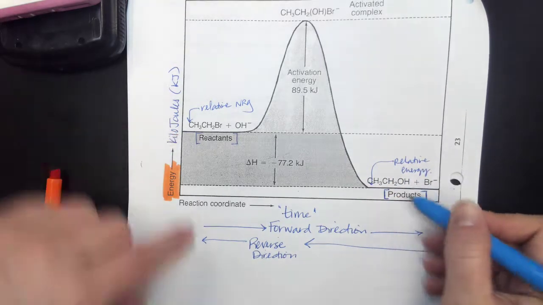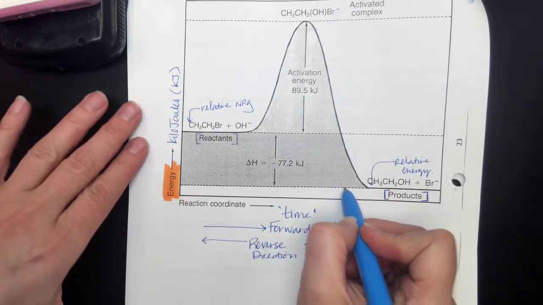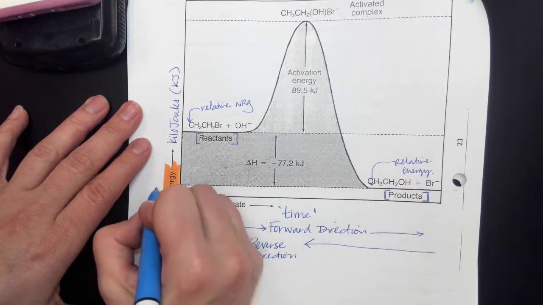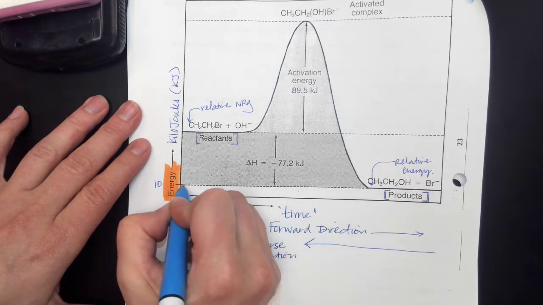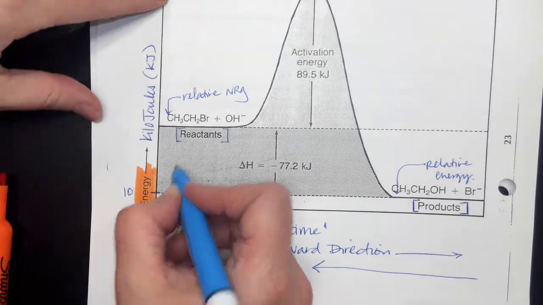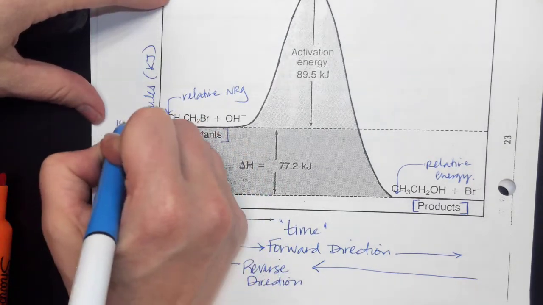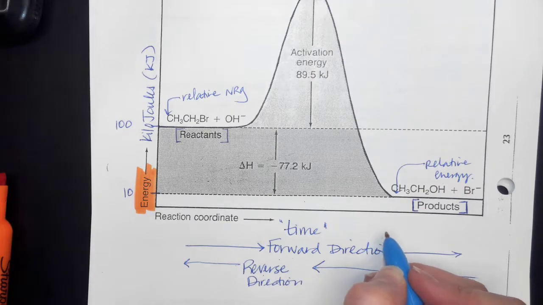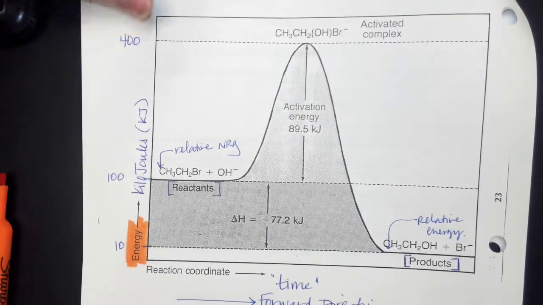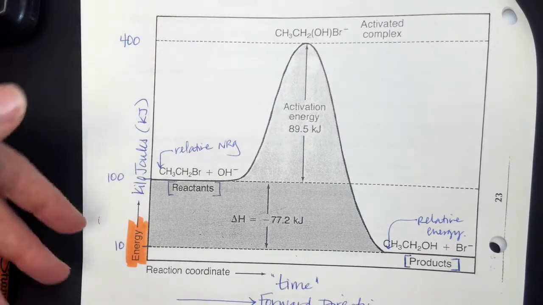I could read it all the way over and see where it intersects this line, and it would have a number. So let's say, for example, this represented 10, and the reactants represented 100 kilojoules of energy, and this line up here was 400. There would be a scale on the left side that we could read.